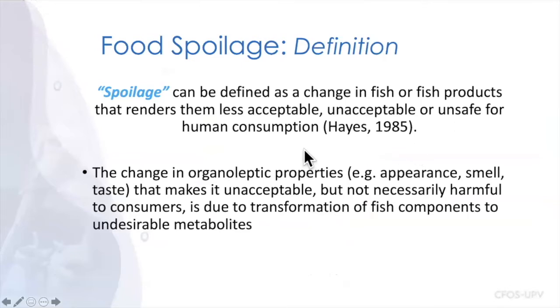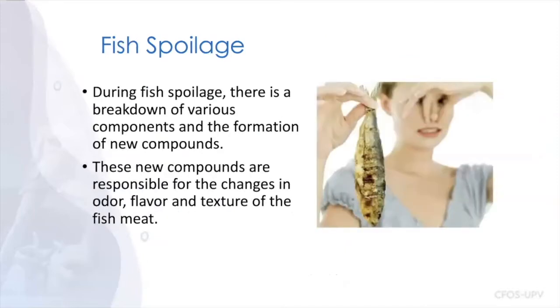So we have here the definition of spoilage. I guess you have already read this one. This can be defined as a change in fish or fish products that renders them less acceptable, unacceptable, or unsafe for human consumption. During the spoilage process, there is a breakdown of various components and the formation of new compounds.